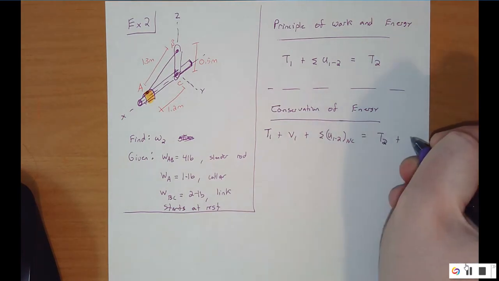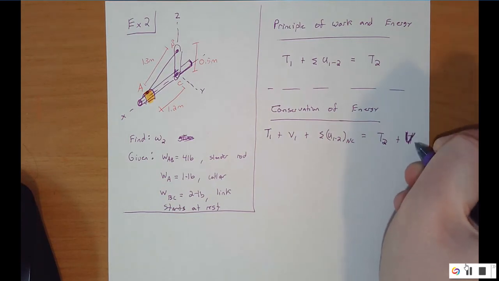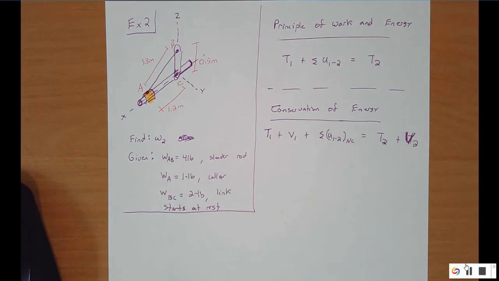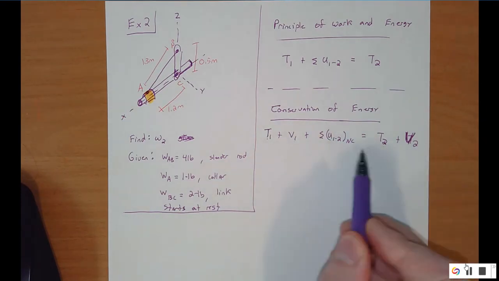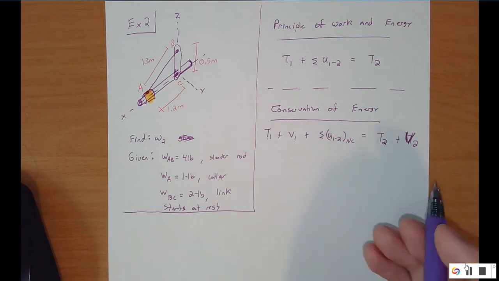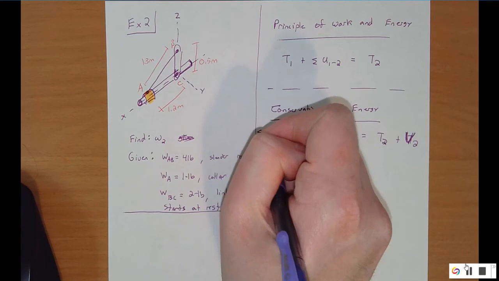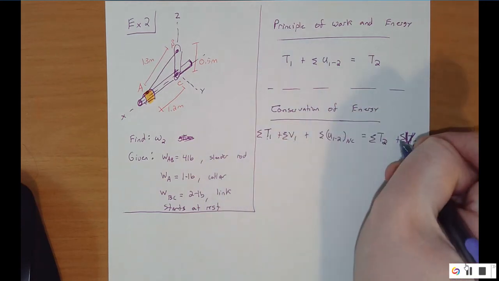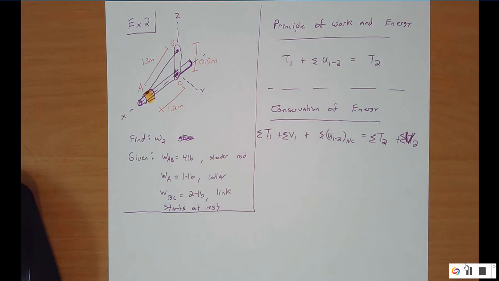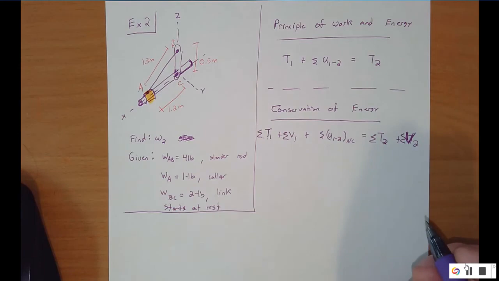Equal to T2, this should be state 2, so position 2, and V2. So kinetic, potential, and then work to get from position 1 to position 2. And if you have multiple bodies, you can do summations on here. If you only have one body, then there won't be anything to sum, at least for the T1s and the T2s.